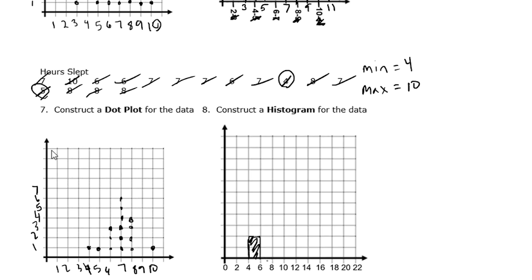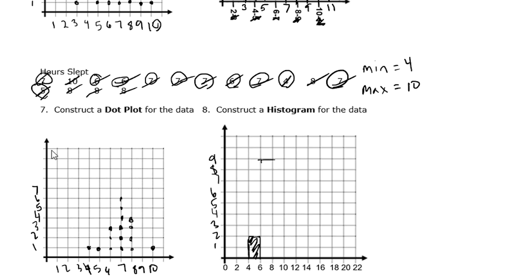Okay, and 6 and 8, so that's 6 and 7. So we have 1, 2, 3, 4, 5, 6, 7, 8, and 9. So that's 9.